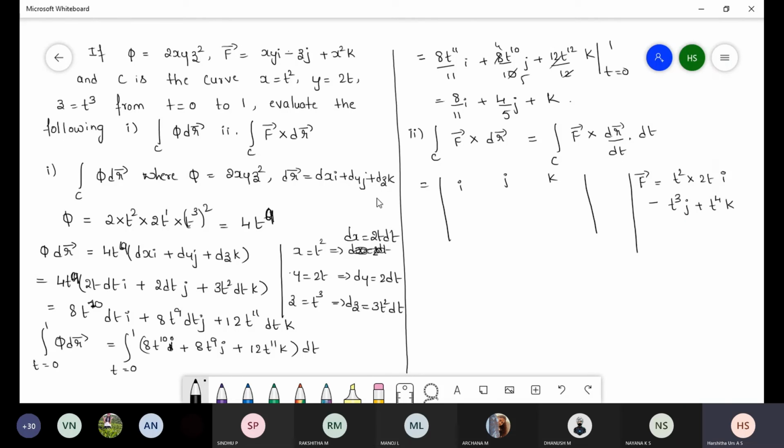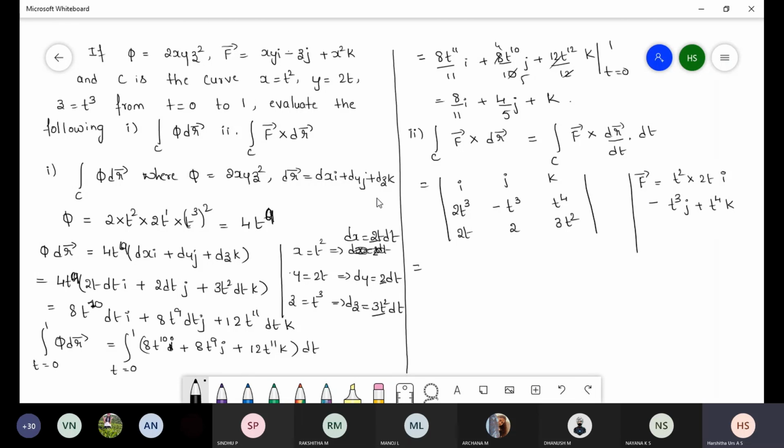So in the place of vector f, t square into 2t means 2t cube, again minus t cube, here t power 4. dr by dt means dx, dy, dz: so 2t, 2, again 3t square, in the place of vector dr divided by dt.